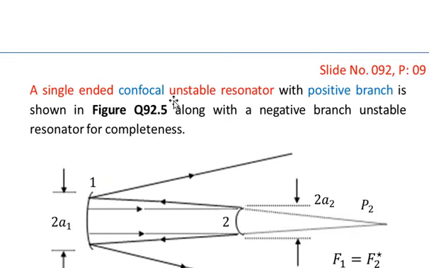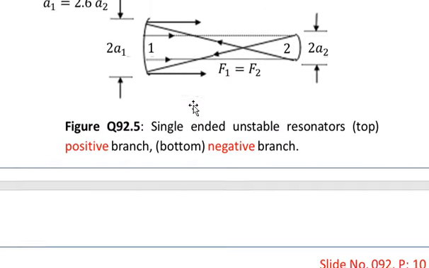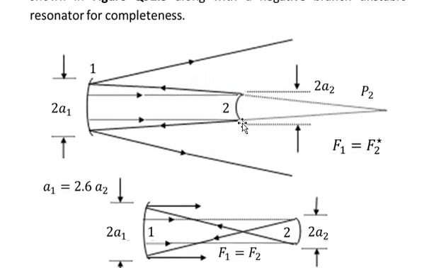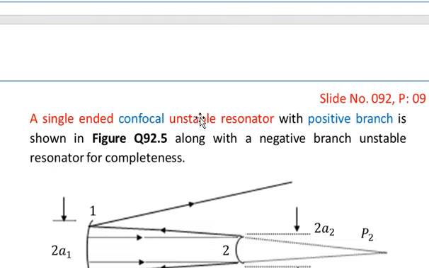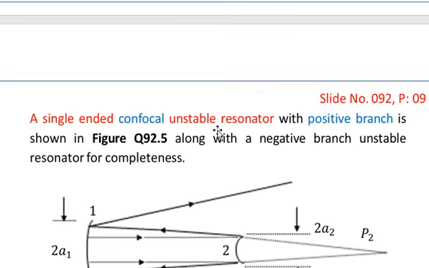So a single-ended confocal unstable resonator with a positive branch is shown in figure 5. This is figure 5. And this is the confocal unstable resonator which we talked about, for which we have plotted this intensity. You see that we have also shown the description of that over here.